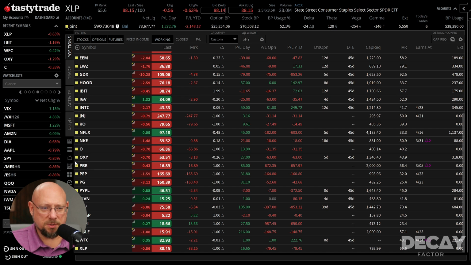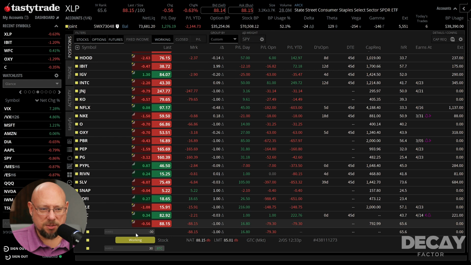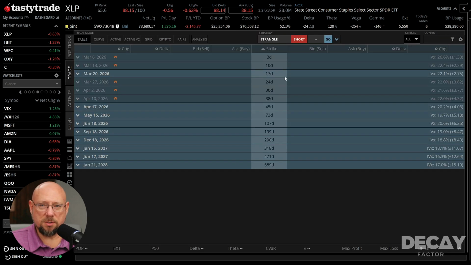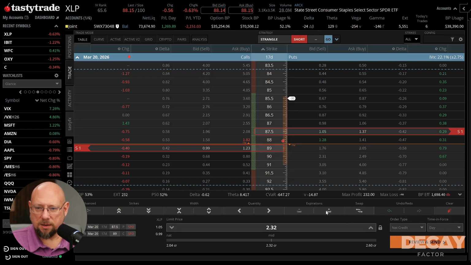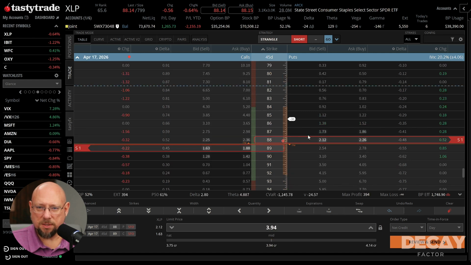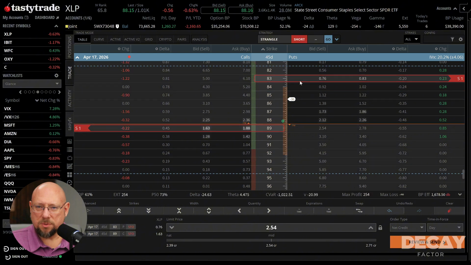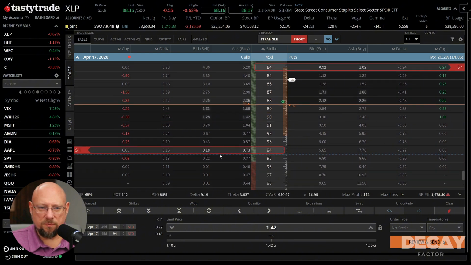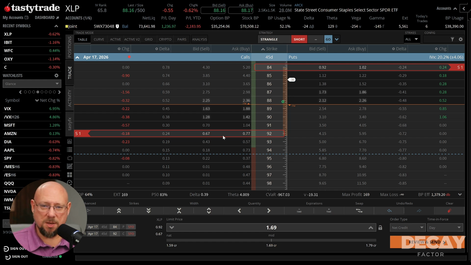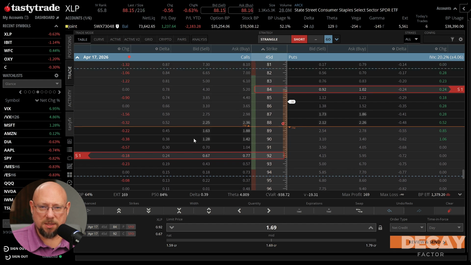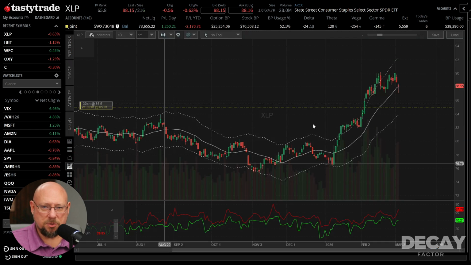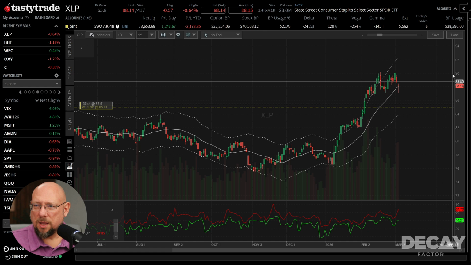XLP. What's going on in XLP? We're using 792. We're short 30 shares. So let's see what the options look like in there. I don't know if I've checked the options market recently in XLP. So 92, 102 at the 24 delta. 24 delta here is 67, 77. So we're 10 cents wide. We're not getting a lot of credit here, but let's see. 84, 92.